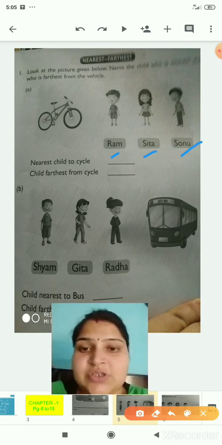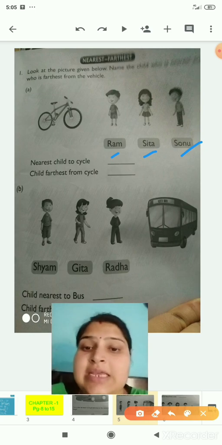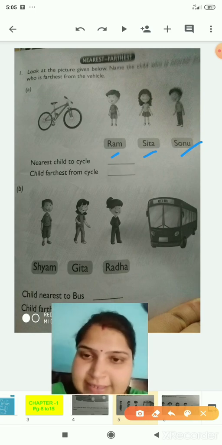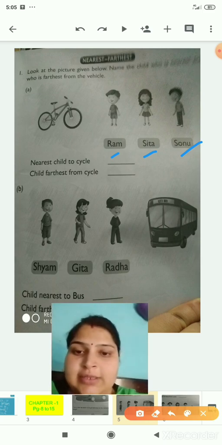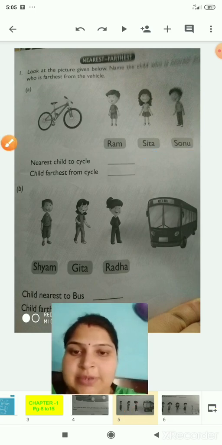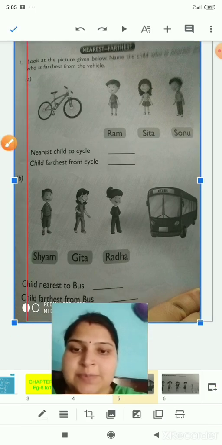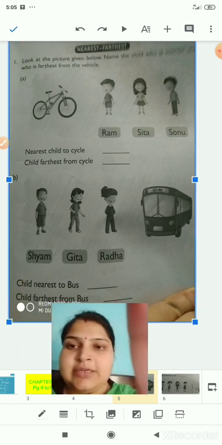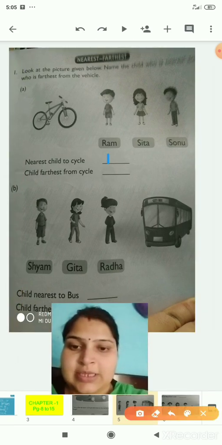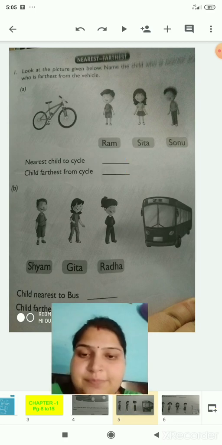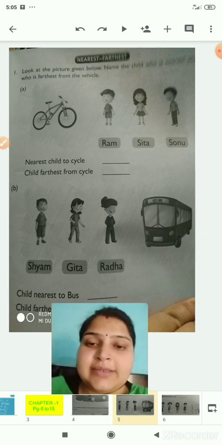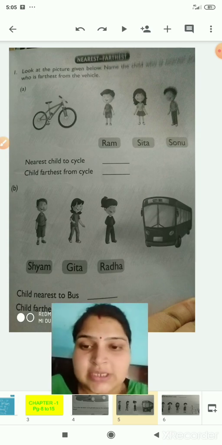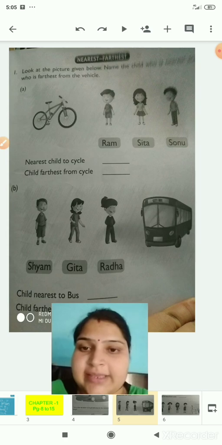If you see the picture, Ram is nearest to the bicycle among all 3. So in the first blank we have to write Ram. Which is the child farthest from the cycle? Sonu. Sonu is standing behind Sita at last. So Sonu is the child who is farthest from the cycle.